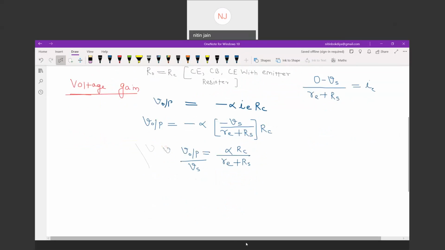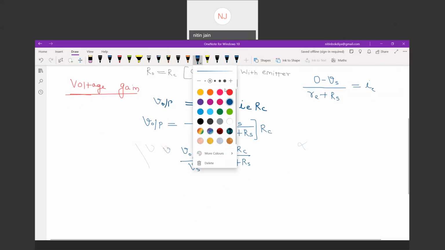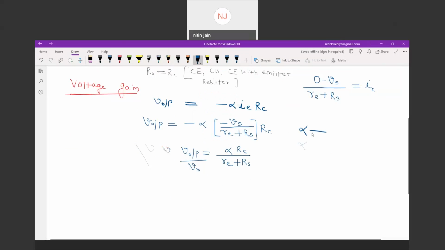And what is the value of alpha? You can write the value of alpha is equivalent to GM into RE. Let's compare this result with the previous one. So you can say the voltage gain will be GM into RC divided by RE, which we can divide, so it becomes RC by RE.